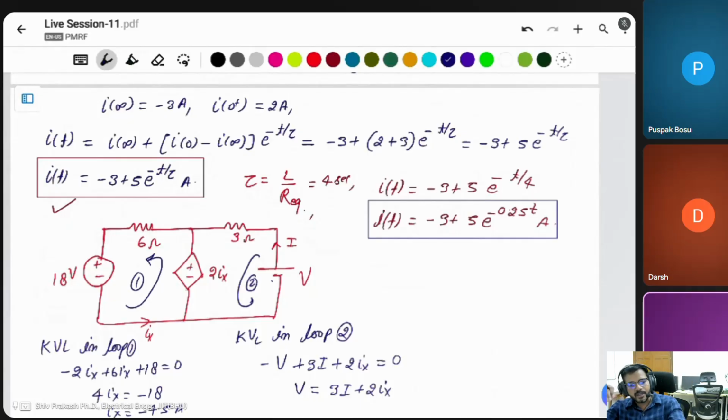If the dependent source is there in this question, or any question, at that time you have to calculate the R equivalent carefully, because the dependent source also adds some resistance. This one affects the resistor. If there is no dependent source, simply you can short circuit the voltage source and open circuit the current source and find the R equivalent.